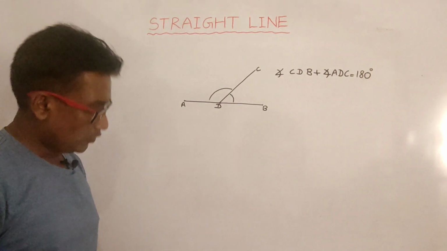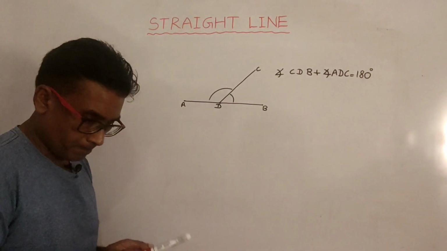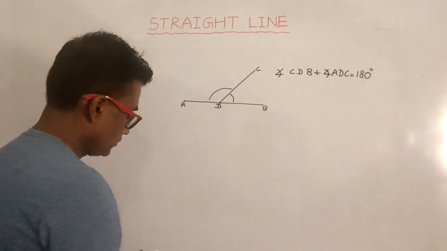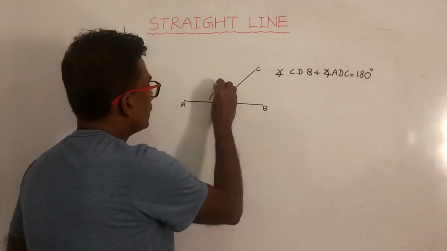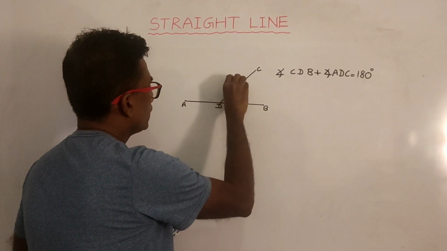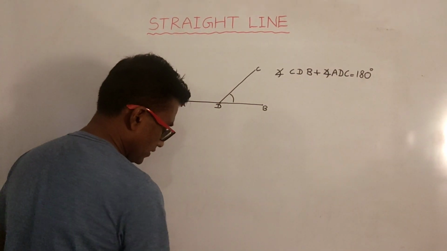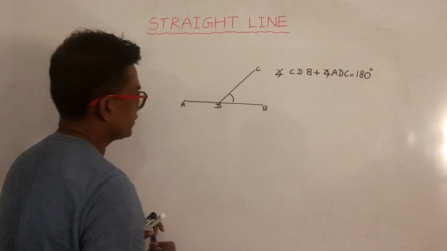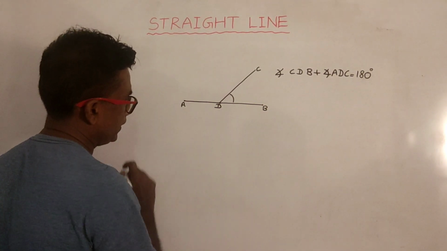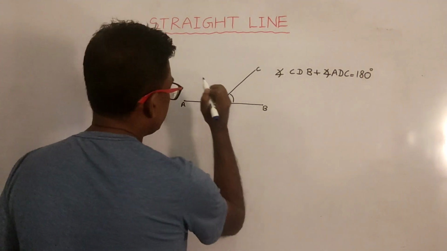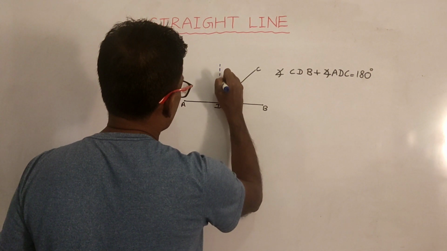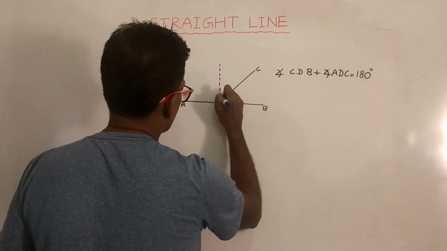So how are we going to prove this? Can anybody prevent us from constructing a perpendicular line to AB at D, drawn from some external point?